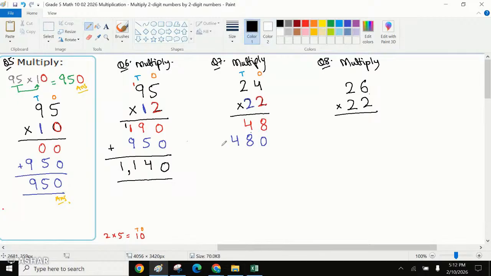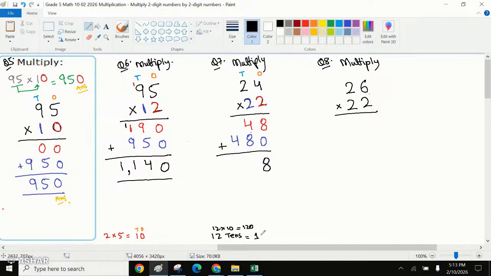When we add these numbers together, 8 plus 0 is 8. In the tens, we have how many tens? 4 plus 8, 12 tens, right? If I say 12 tens, can I say 12 multiplied by 10, that means 120.